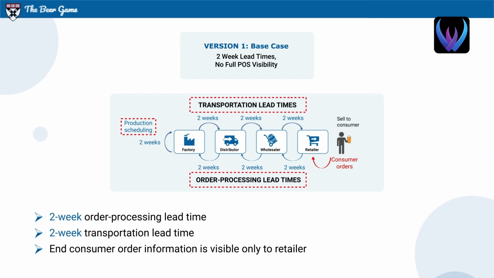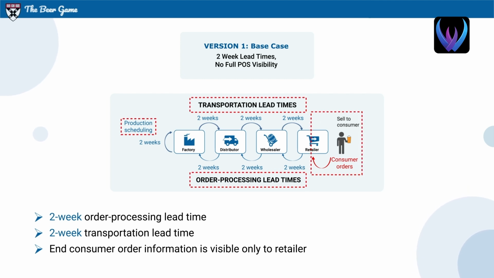Thus, rather than facing a 2-week order processing lead time, the factory faces a 2-week production lead time. In this 2-week version of the simulation, kegs of beer are delivered to the factory and thus available to sell 2 weeks after the factory issues a production request. It then takes 2 weeks for delivery from the factory to reach the distributor.